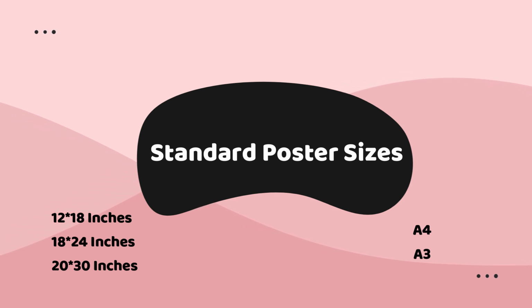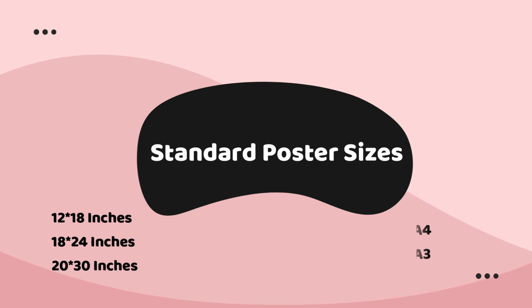These are 12 inches by 18 inches, 18 inches by 24 inches, and 20 by 30 inches. Sizes can vary and can also depend on the space in which the poster has to be displayed. Posters can be in both portrait or landscape orientation, but are mostly designed in portrait. While designing for the digital medium, we can use standard A4 or A3 paper size for poster design.